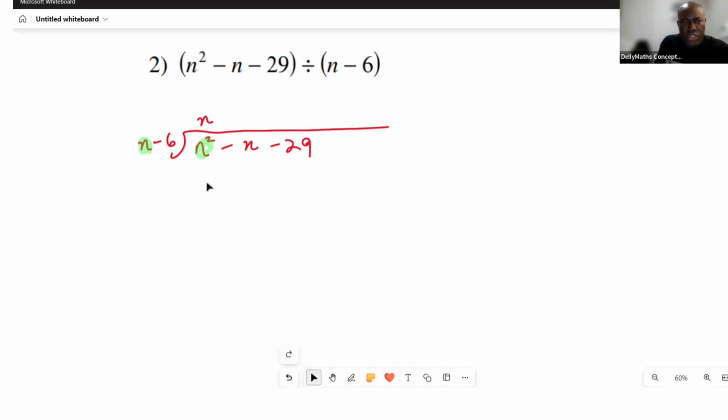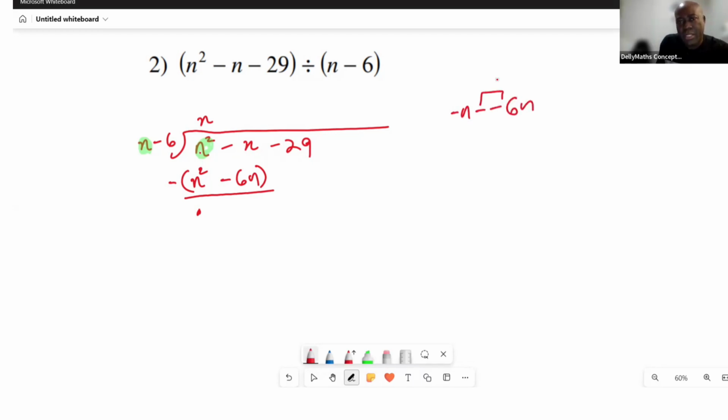So n times n gives us n to the second power, and n times -6 gives us -6n. And then we're going to subtract. So I'm going to put parentheses around this, put our minus. So n squared minus n squared is gone. It's a 0. -n minus -6n becomes positive, so I'm going to have a positive 5n.